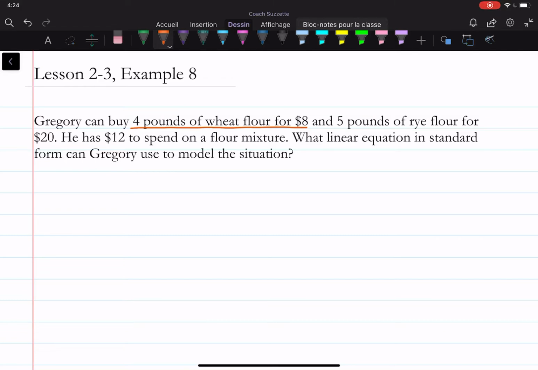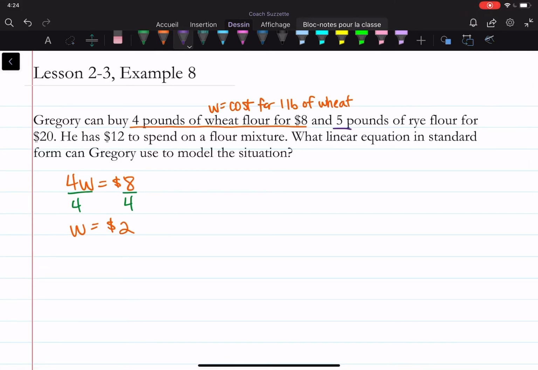So if I say that the cost for 1 pound of wheat flour is W, then 4W equals $8, and if I isolate W, I get it's $2 per pound for wheat flour.